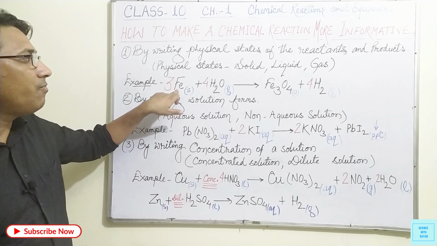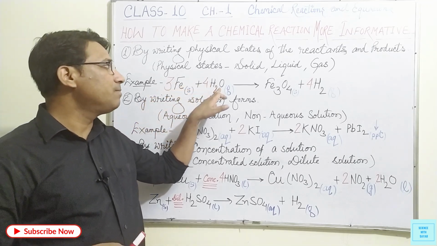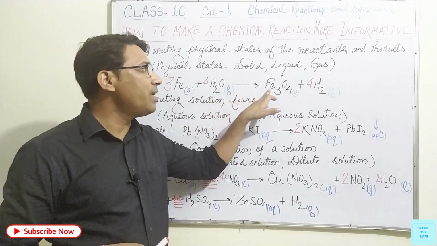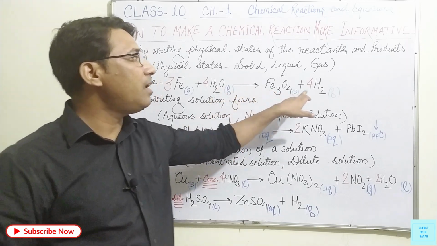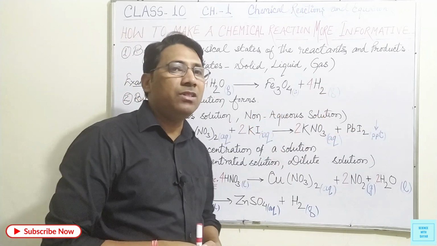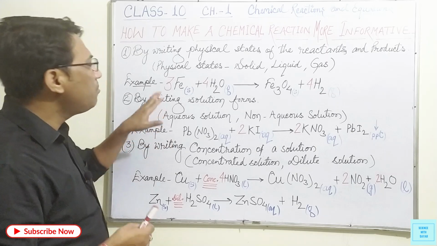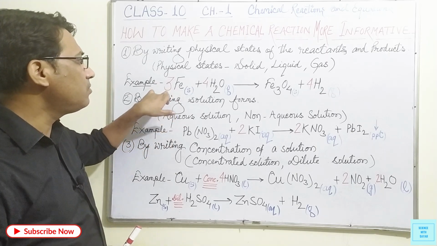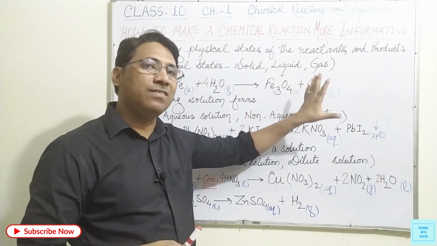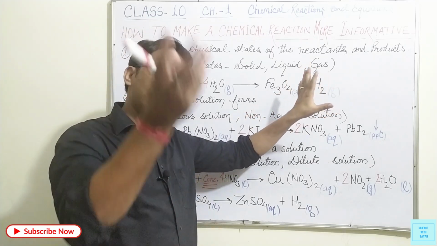Iron (ferrum) reacts with water, so ferrous oxide and hydrogen gas are formed. In this reaction we can balance it by writing 3 and 4 and 4 as coefficients, which we will study in the next section.